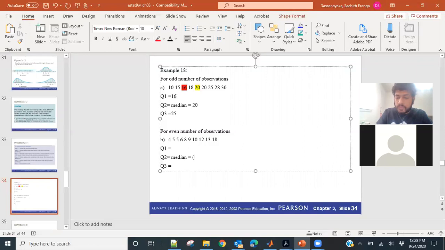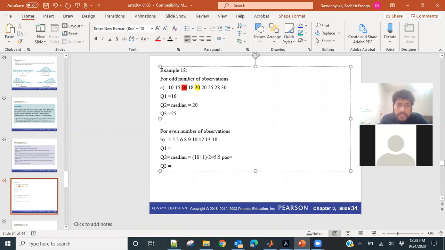So 10 plus 1 divided by 2 is the position, which is 11 over 2, which means the 5.5 position. So get the values from positions 5 and 6, add them together, and divide by 2. Then you can find the median Q2.